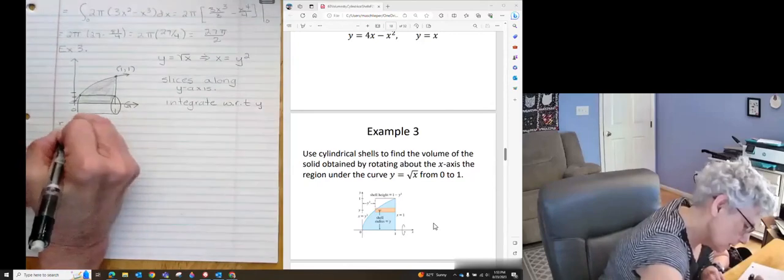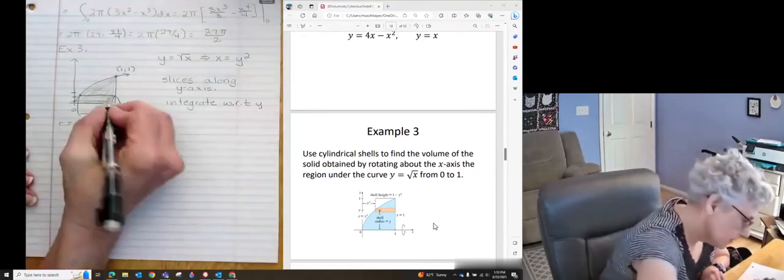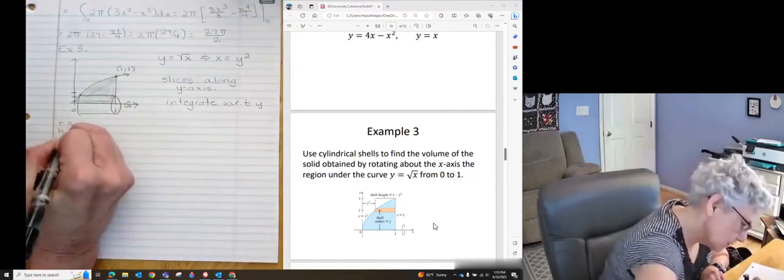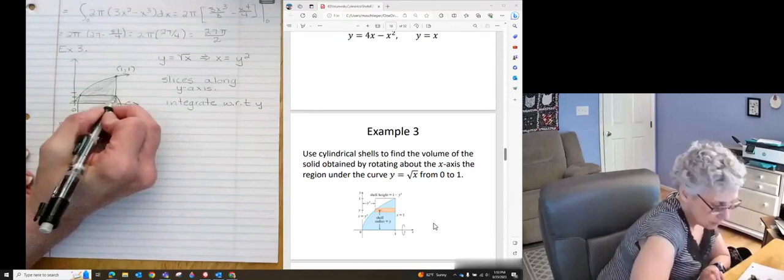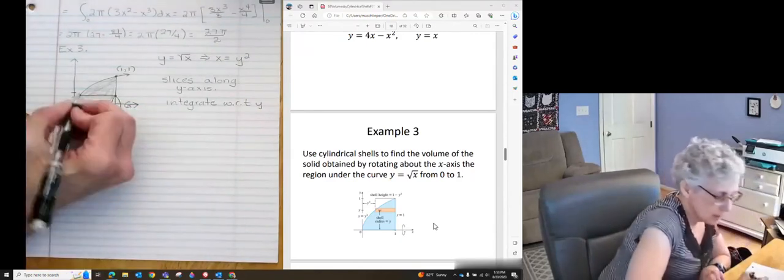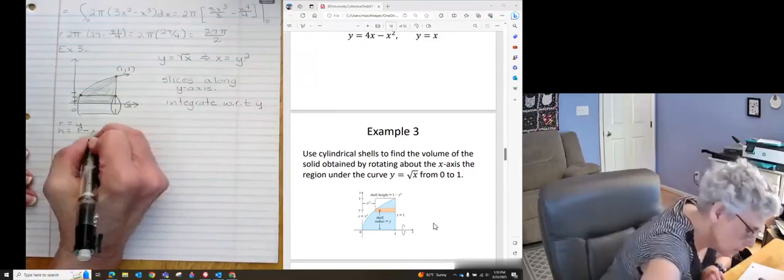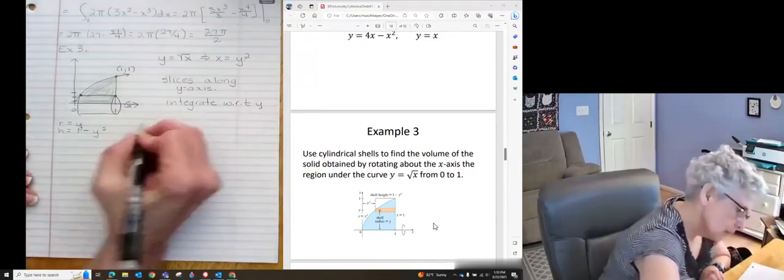So my radius is equal to y. The height of one of my cylinders is equal to 1 minus this function value, which is y squared.